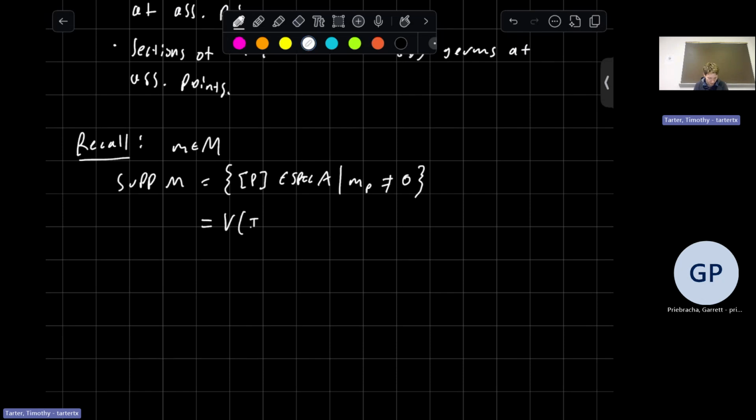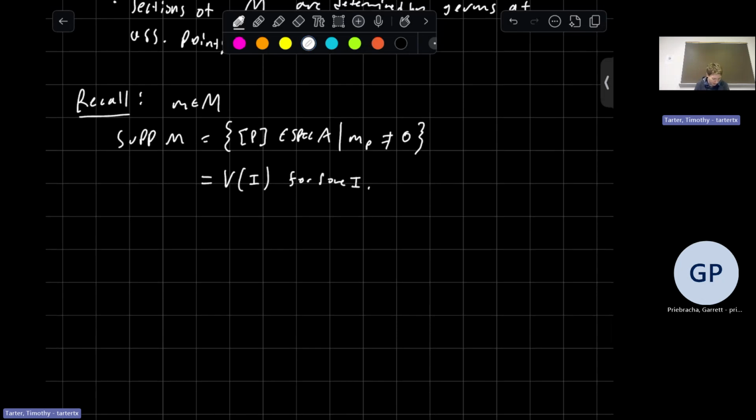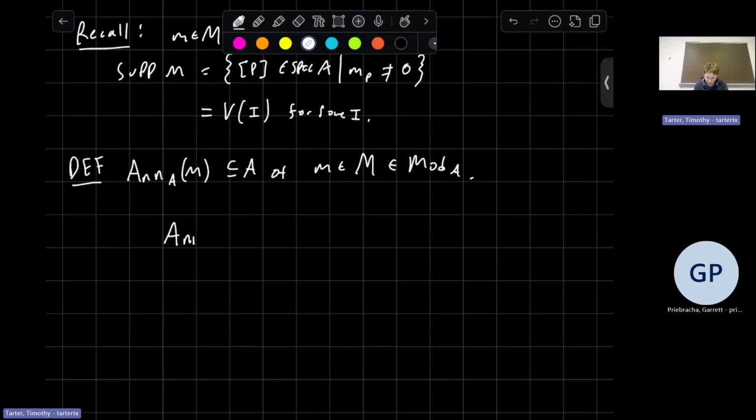And this is really some V(I) for some I. And then we're going to define the annihilator ideal of m in A, the set of a in A such that a m is 0, which is the kernel of the map.